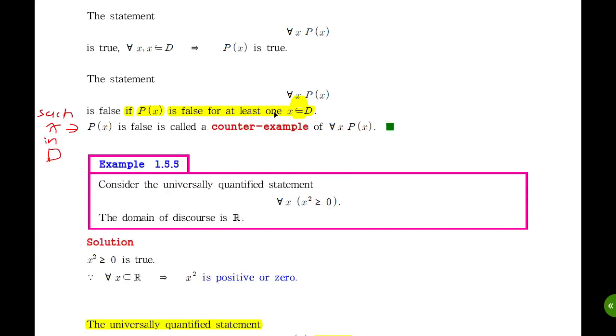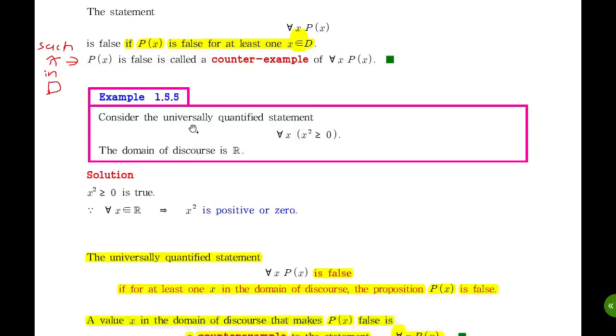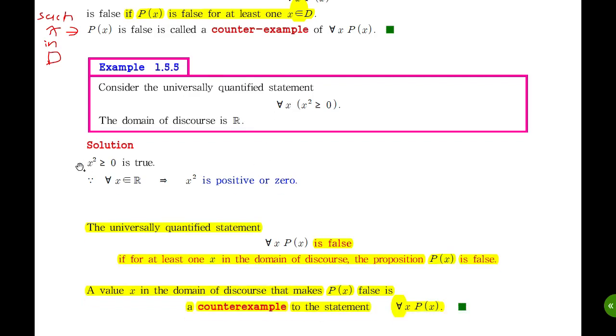Okay, so consider the universally quantified statement "for all x, x squared is bigger than or equal to 0". Then this should be true whenever x is a real number, because x squared is always bigger than or equal to 0 for all real numbers.